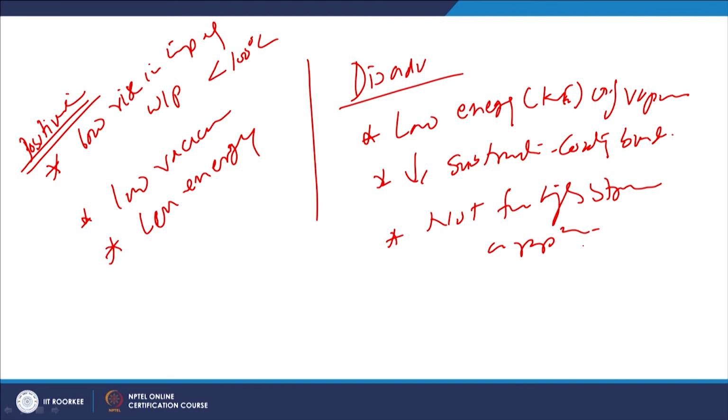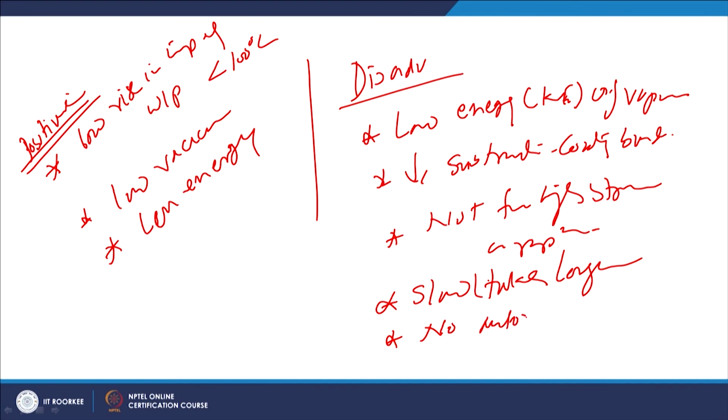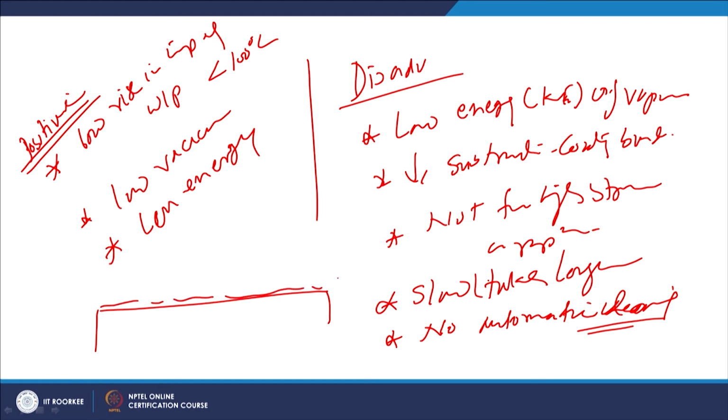Another thing is that this process is very slow, so it takes longer to modify the surfaces, and there is no automatic cleaning of the surfaces. There are some surface modification techniques where the inherent nature of the process is such that surface impurities are damaged, broken, and the surface is cleaned automatically.